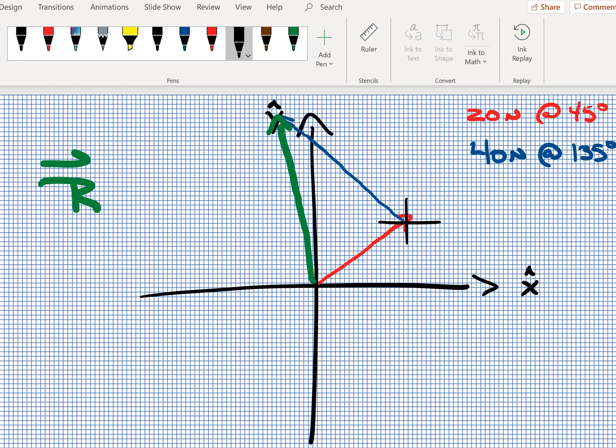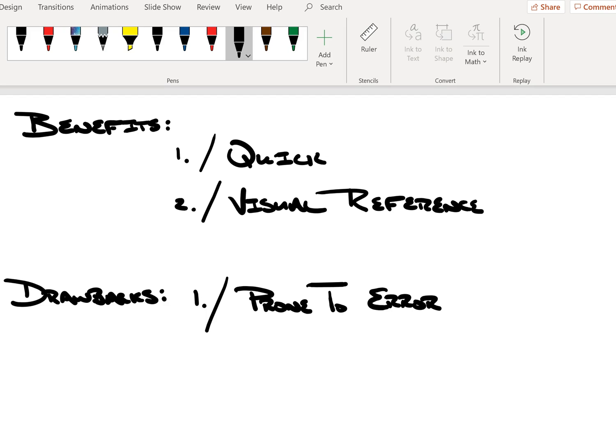And so when I draw these in and then I measure the resultant vector, I should get as close as possible to the actual mathematical value of the resultant vector. And it should be as close as possible, within the limitations of the instruments, to the true direction of that vector. But human error does play a big role in this, in how much care we take, and even physical limitations such as eyesight and dexterity of the fingers in drawing these things out.